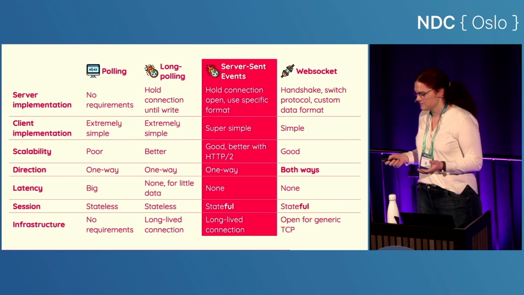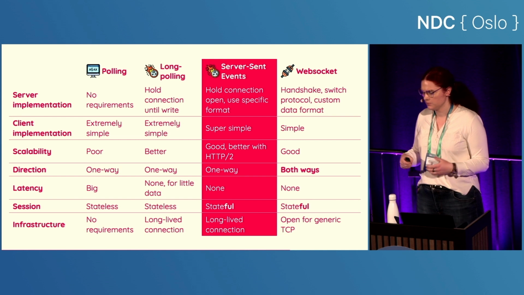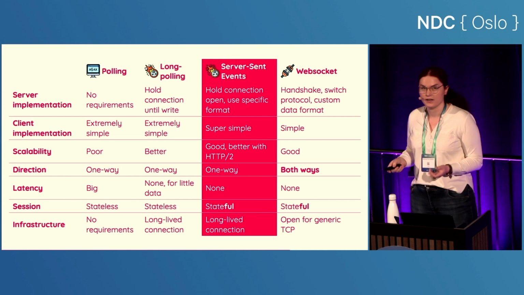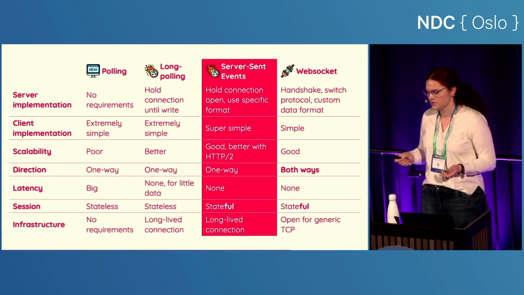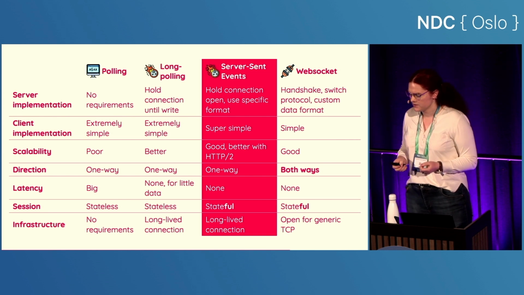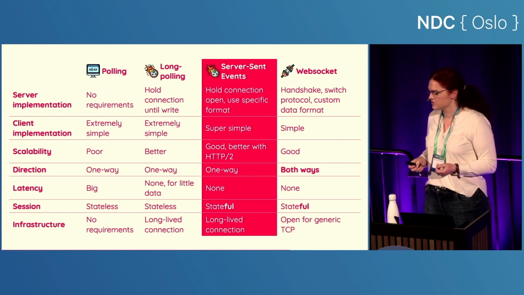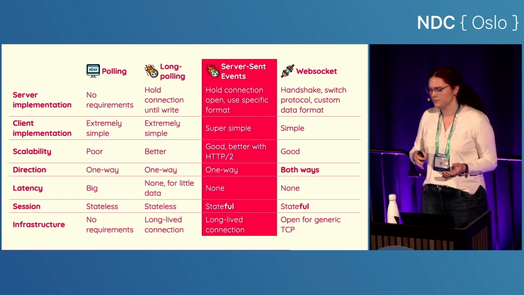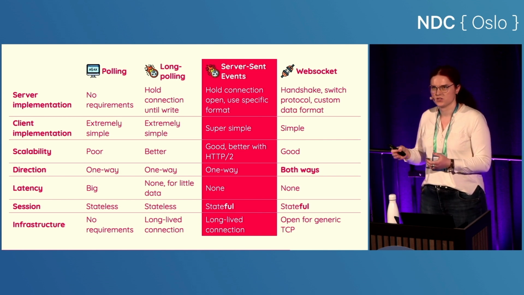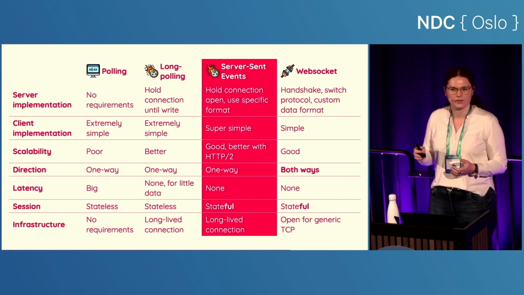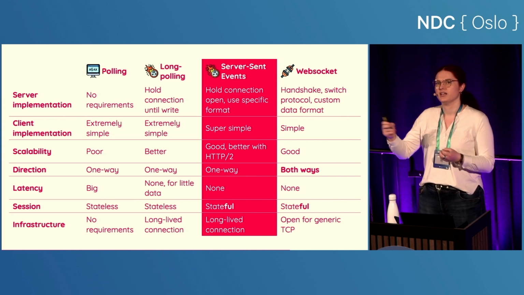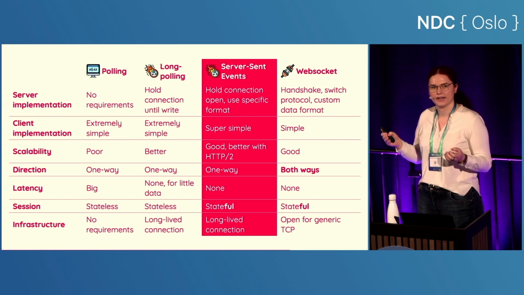So to summarize, server-sent events: you keep the connection open, you use a specific format. The client implementation is super simple, just as simple as the WebSocket. The scalability is actually very good, because in HTTP 1.1, you had to use this special chunked transfer encoding, and there were some requirements on how many open connections you could have towards a server at a given time.